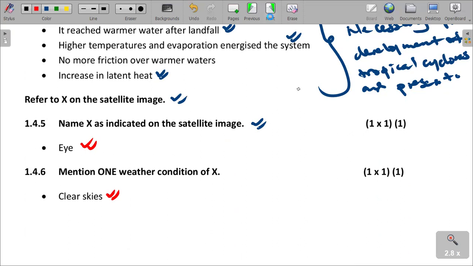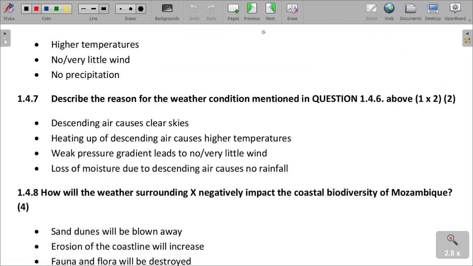The clear skies are there at the eye of a tropical cyclone. Remember that there are also high temperatures, caused by the subsidence of the air falling there. There is no or very little wind, and no precipitation, because the air is falling.